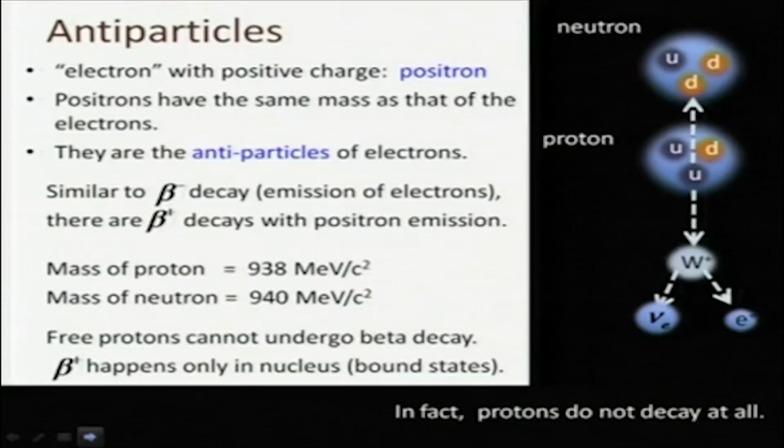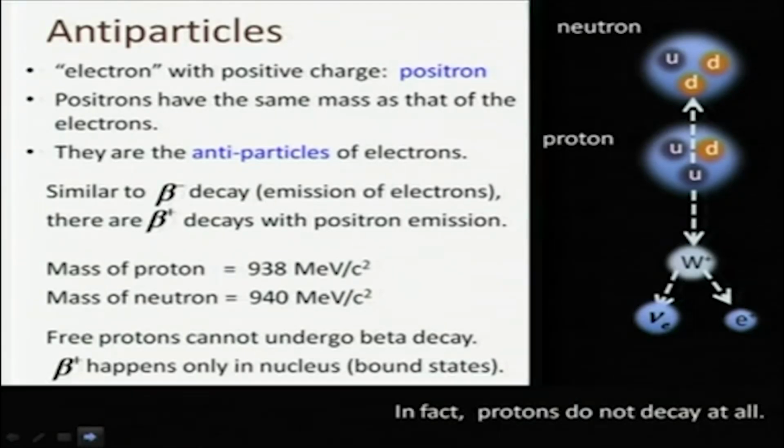There are nuclei, isotopes, which are unstable, decaying through beta plus emission or positron emission. You can think about positron emission tomography in fact, and ask yourself what exactly happens in that case. In fact, the protons do not decay at all.